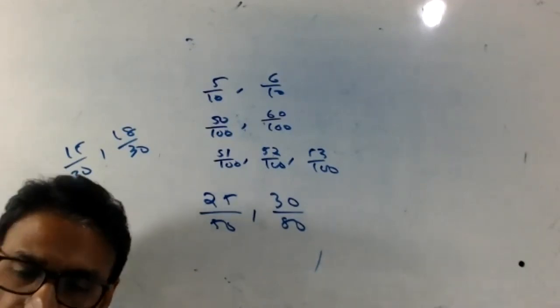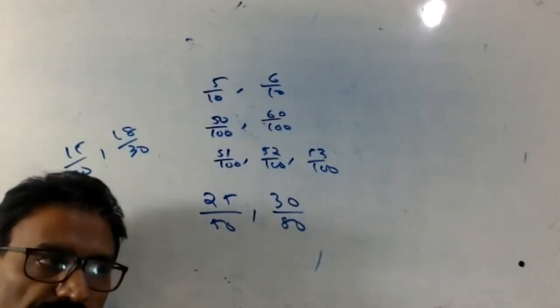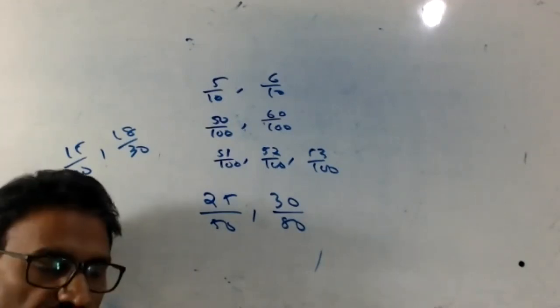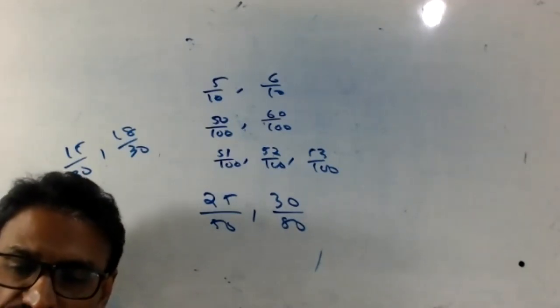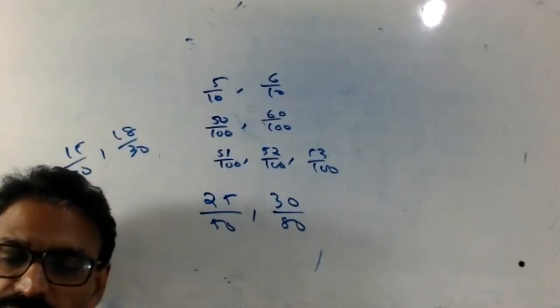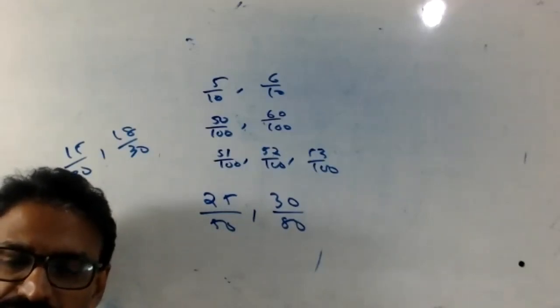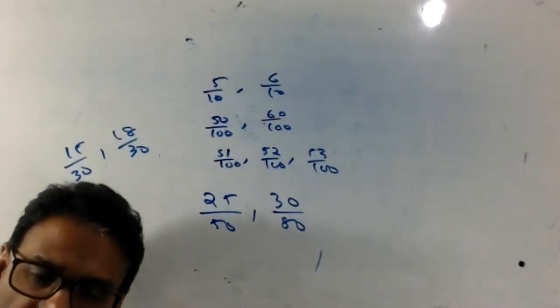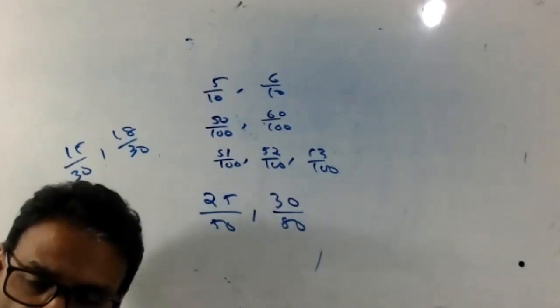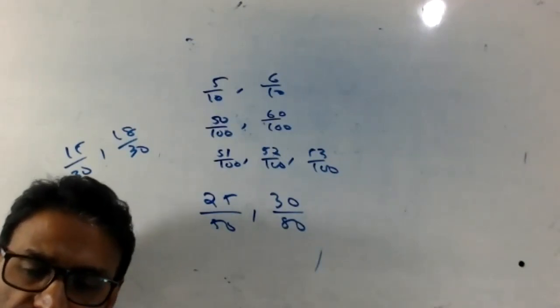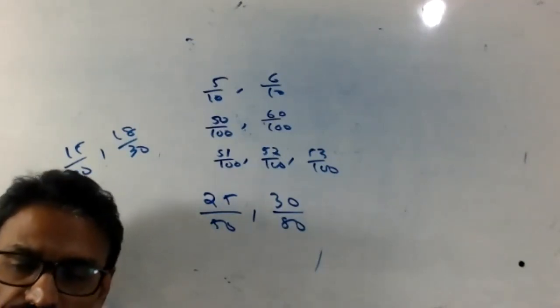From 10 to 15, both are included: 10, 11, 12, 13, 14, 15.